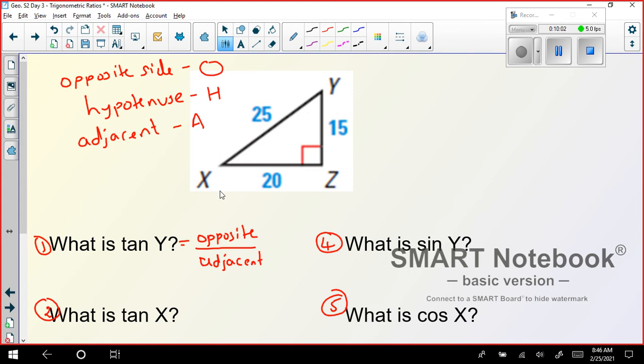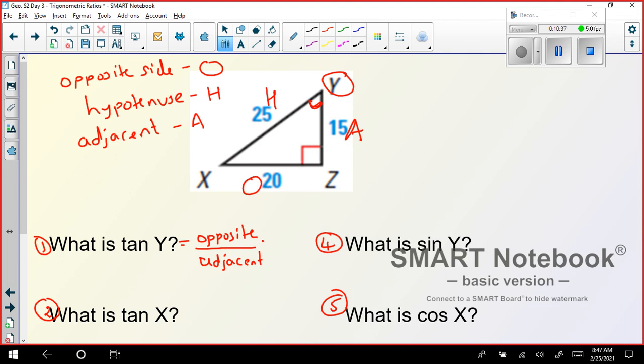Where is y? Y is located over here. So for y, I'll use red. For y, I'm using red on this particular triangle. The opposite side is this particular one, so I'll label this XC as opposite, and this is your adjacent, and this is your hypotenuse for y. So in this case, opposite is 20 and adjacent is 15.